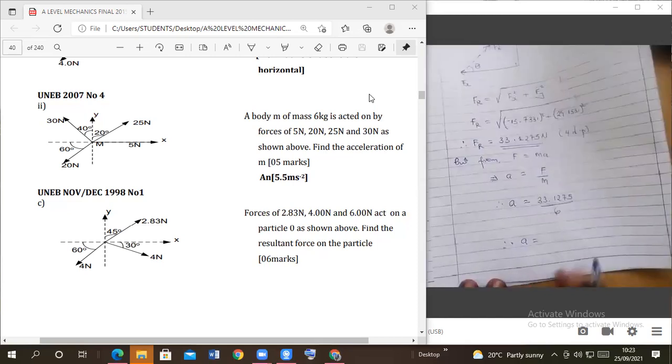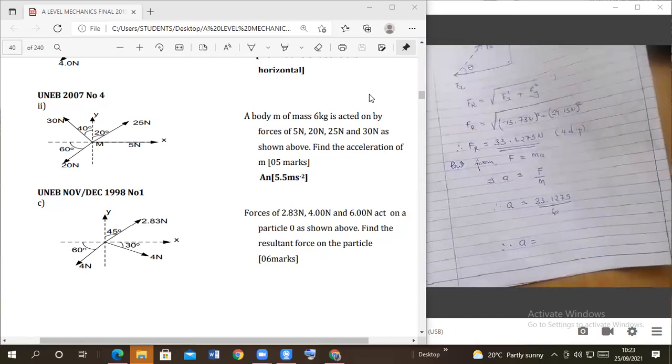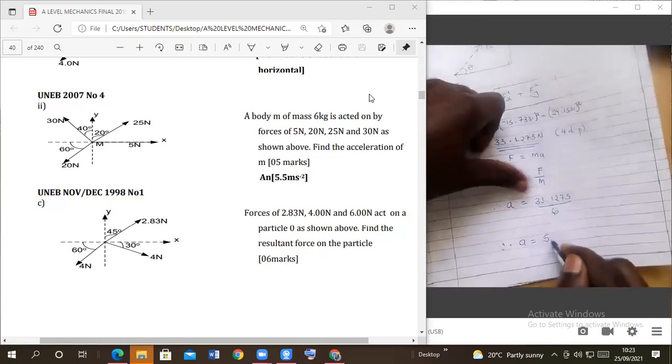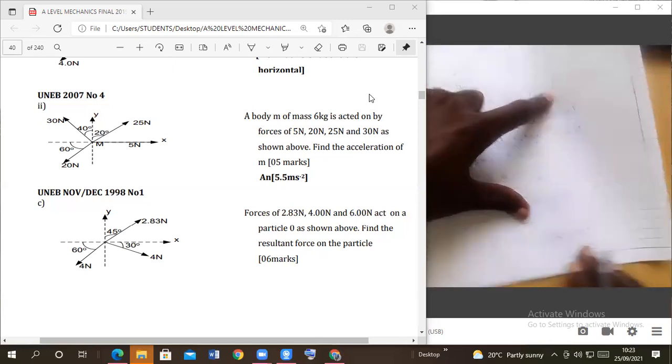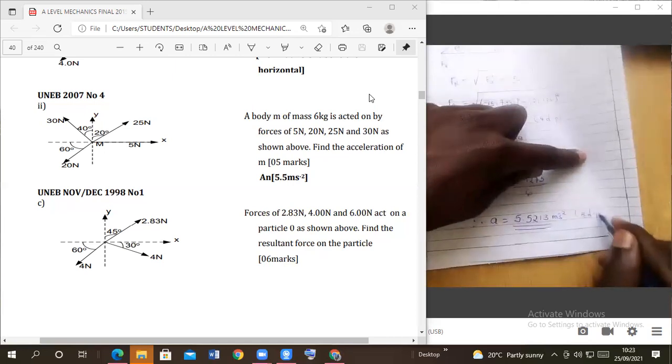Therefore, acceleration will be 33.1275 divided by 6. You get 5.52 meters per second squared.